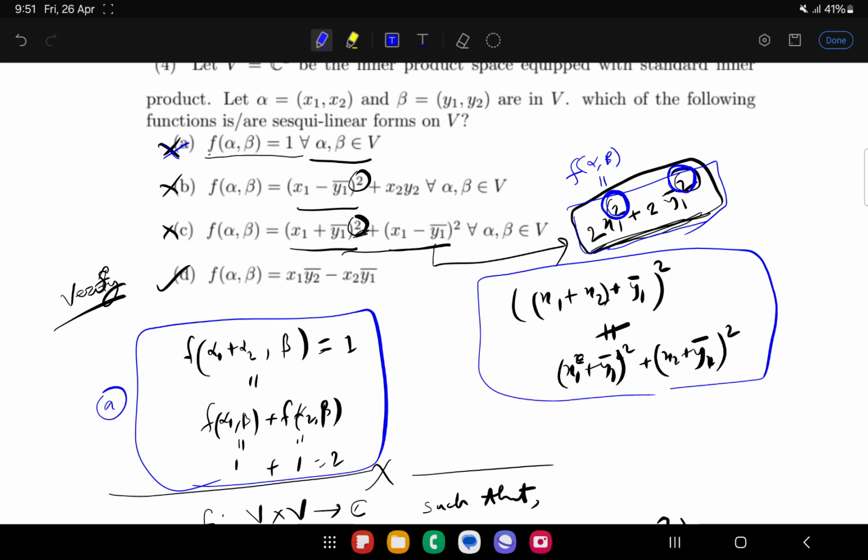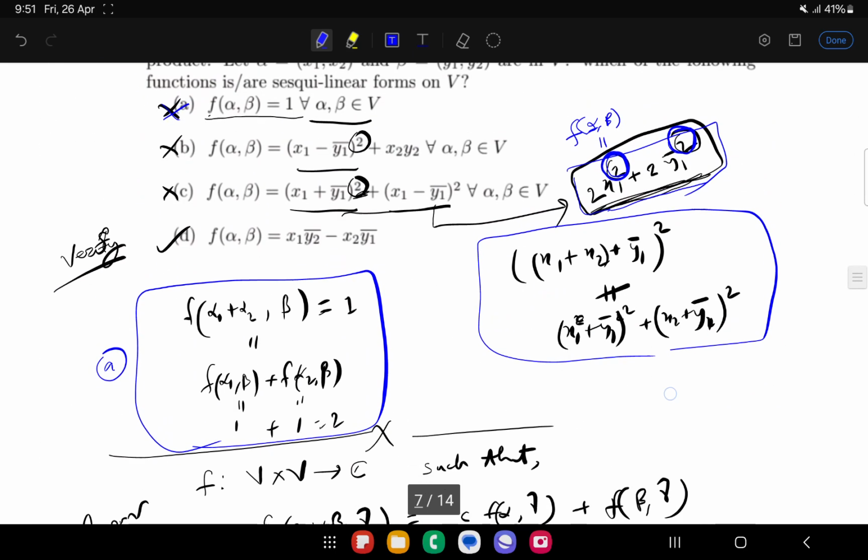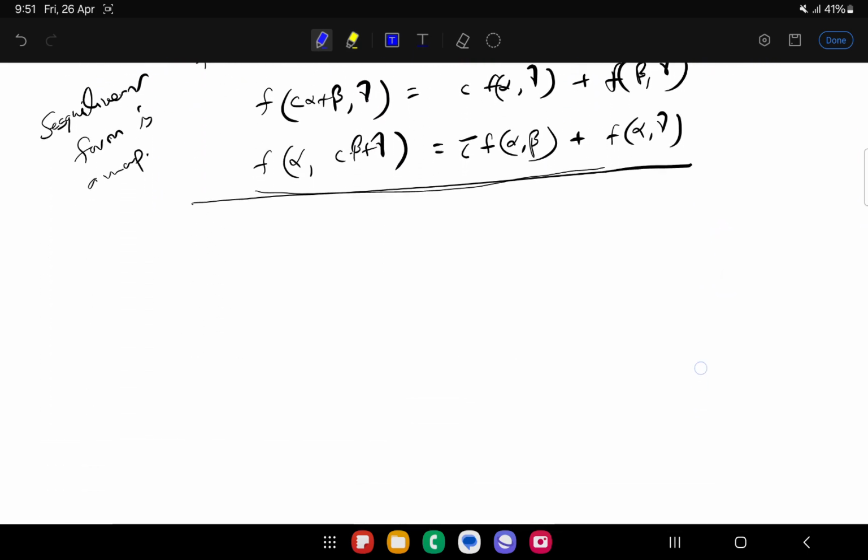For this I think you have to give a counter example. A good counter example, for example, let's see for C, we have f of alpha, beta equal to 2 x1 square plus 2 y2 square, where alpha was x1, x2 and beta was y1, y2.